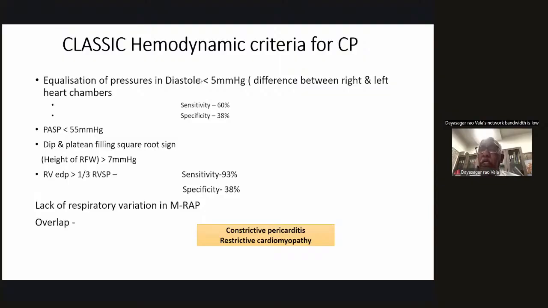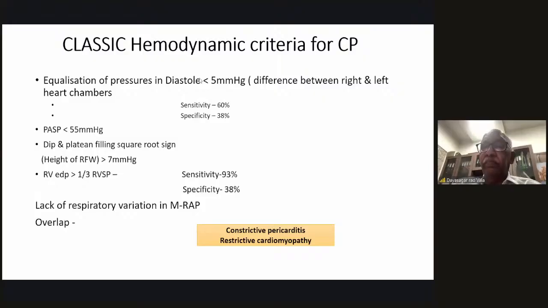Now, most of the time in patients with constrictive pericarditis, the pulmonary artery systolic pressure does not exceed 55 millimeters of mercury, whereas in restrictive cardiomyopathy, it can go to very high levels.